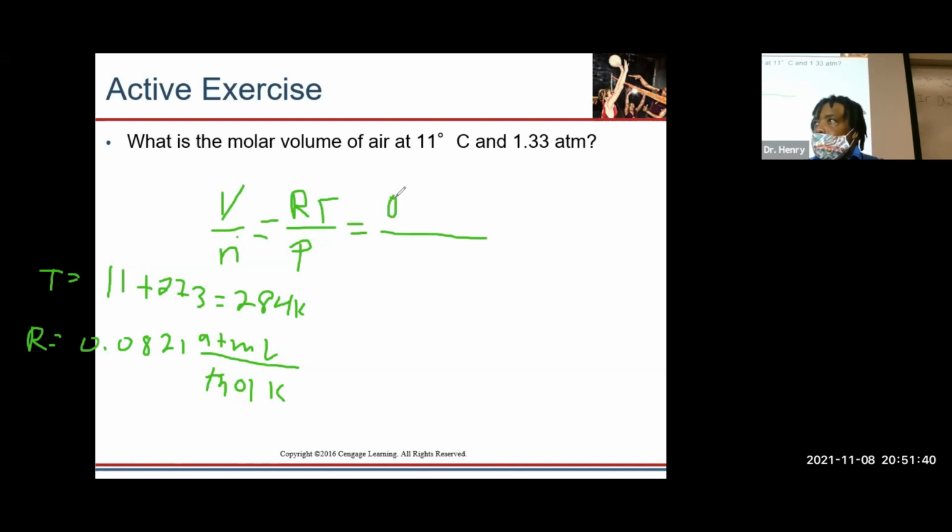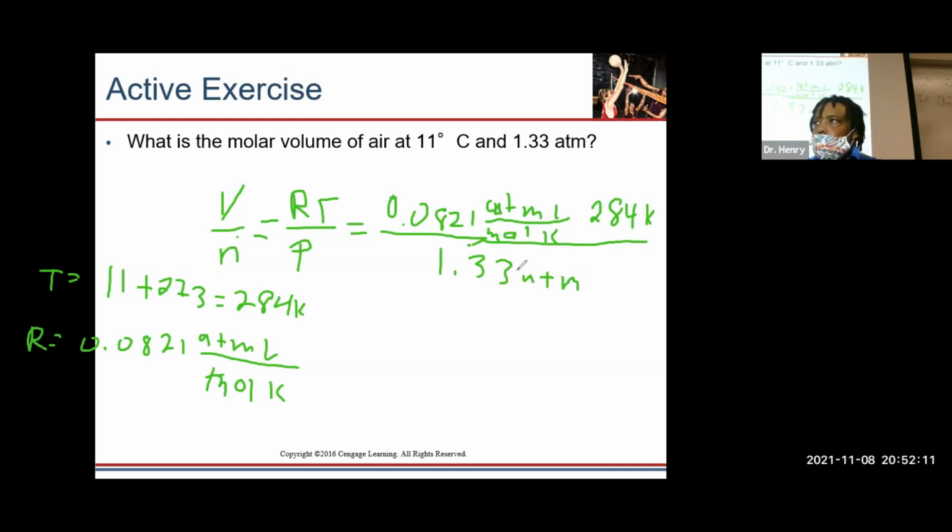So 0.0821 atm liters per moles Kelvin times 284 Kelvin divided by 1.33 atm, and we get our number.